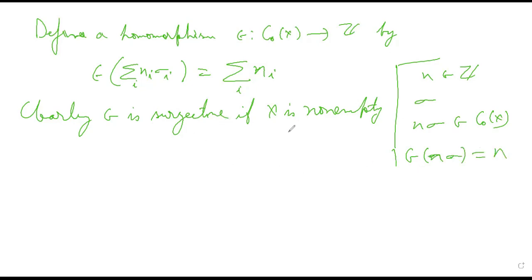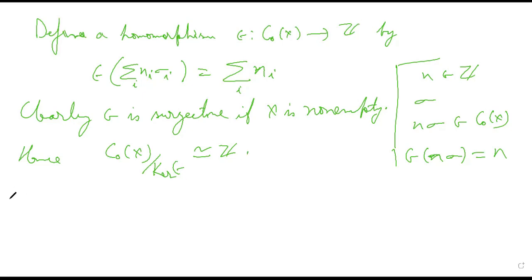So epsilon is surjective if x is non-empty. Hence, C naught x quotiented by kernel epsilon is isomorphic to Z, right? Because epsilon is a surjective homomorphism, this quotiented by the kernel of epsilon is isomorphic to Z.